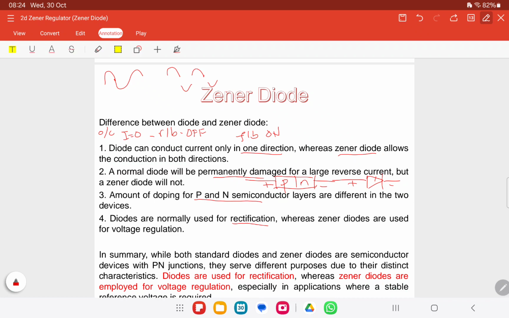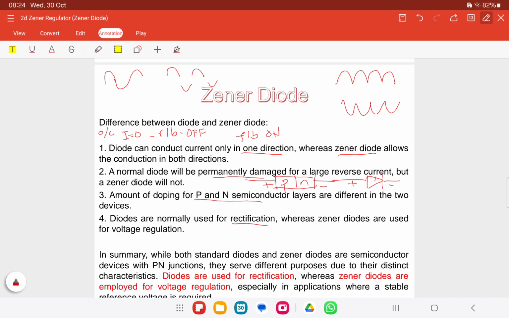That one is half wave. For full wave, it becomes all positive cycle or all negative cycle. For full wave, how many types of circuit? Two: bridge and center tap transformer. Very good. In those, only the normal diode is used.